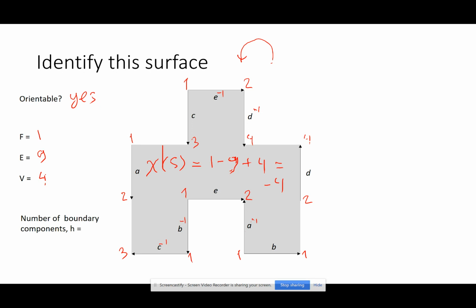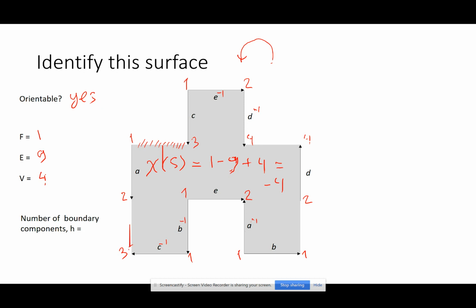Now, what is the number of boundary components? So how do we identify boundary components? Let's begin with one of the boundary components. For example, this one goes from 1 to 3. So where is another copy of 3 that sits next to an unlabeled edge? It is here, right?